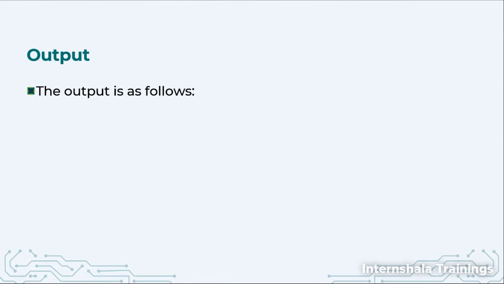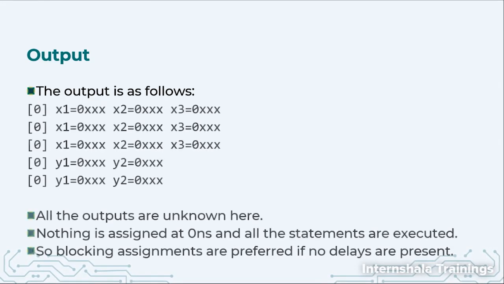So the output of our console is this. All the outputs are unknown, everything is x, nothing is assigned, and the reason is that all the assignments took place at 0 nanoseconds. You need at least some time for the execution to take place.